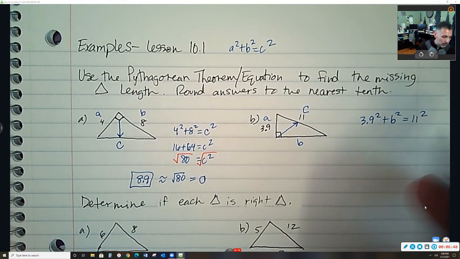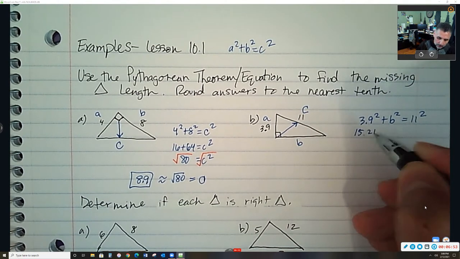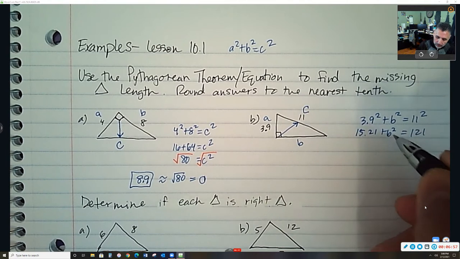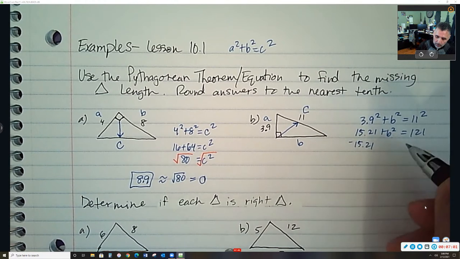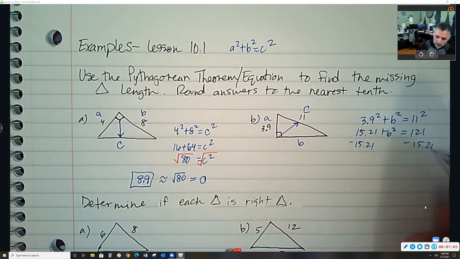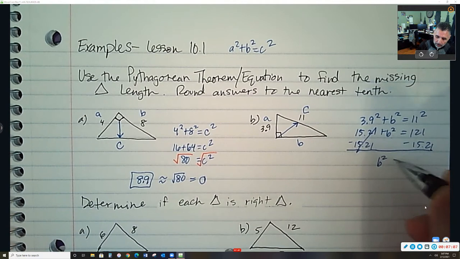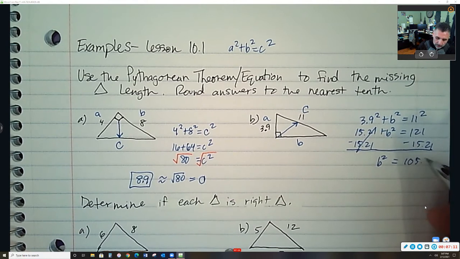And then I type it into the calculator, 3.9 squared, that's 15.21. 11 squared is 121. Now we want to get this by itself, so we have to subtract this. That goes away. Then we have b squared equals 105.79.